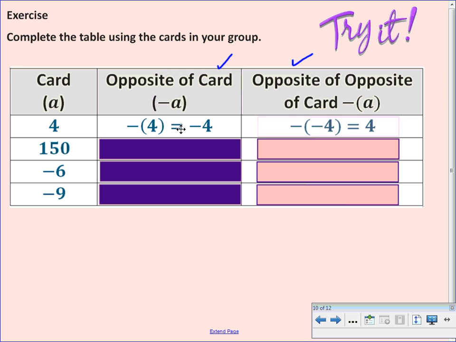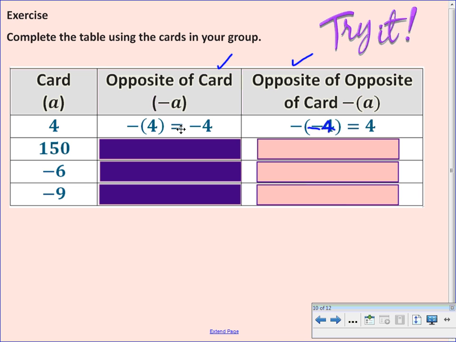So the opposite of negative 4. So we took this negative 4, and now that's here inside the parentheses, because I want the opposite of that number. So the opposite of negative 4. And this is what you should be writing in your tables and fixing them. So the answer would be 4.